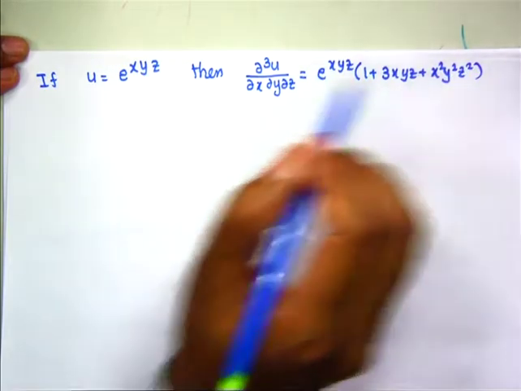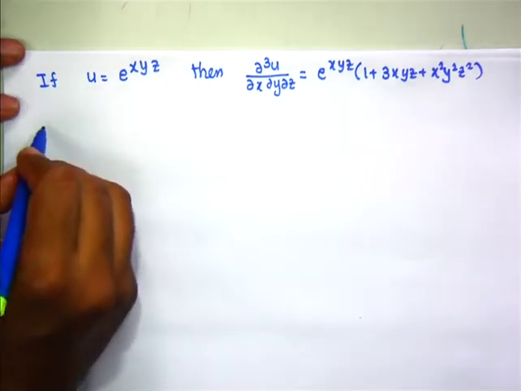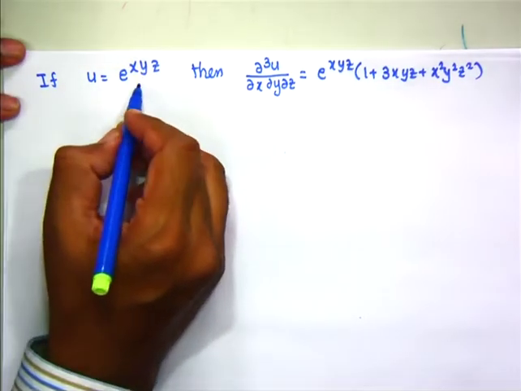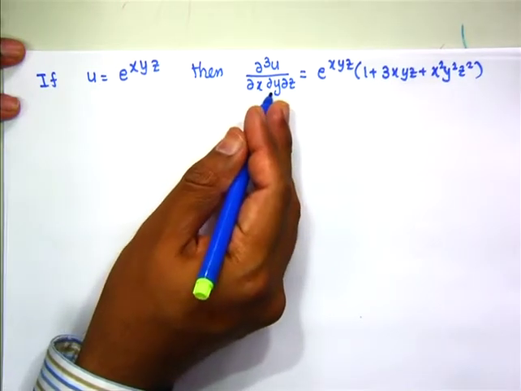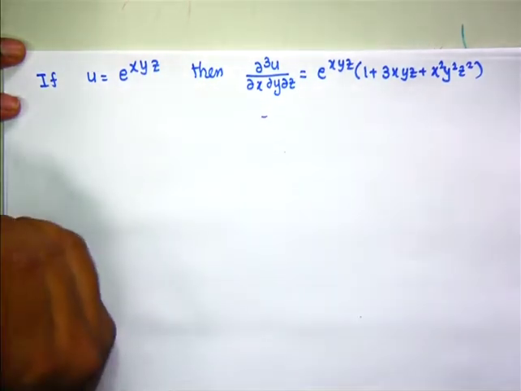This example, so we have to differentiate u function with respect to z first, then with respect to y, and then with respect to x.